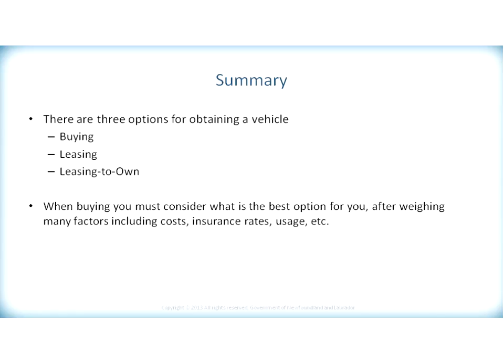So a reminder, the 3 options for obtaining a vehicle are buying, leasing, or leasing to own. And when buying, you have to consider what options are best for you. That includes the costs you would incur. That's the purchase or the monthly payments, the amount of gas, your insurance rates, all kinds of things you have to consider when you're looking at buying, leasing, or leasing to own a car.